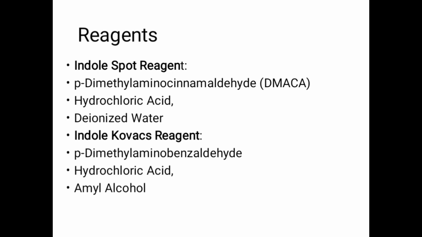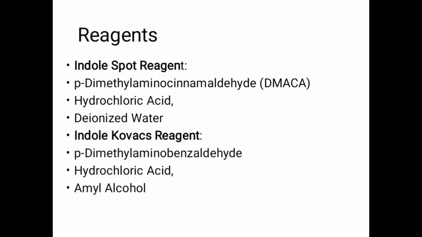We have certain reagents. So which reagents are used in the indole test? For the indole spot method, the reagent is p-dimethylaminocinnamaldehyde, DMACA, with hydrochloric acid and deionized water. The second one is the indole Kovac's reagent method.